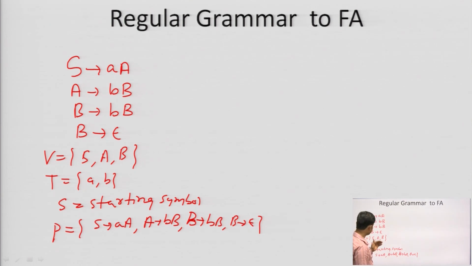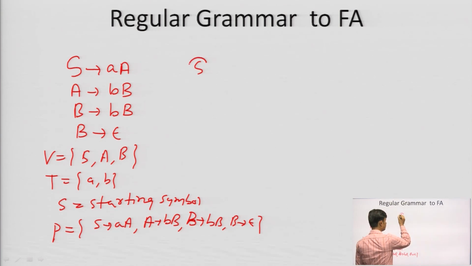What are the rules I discussed in the previous slide? If there is a production S to aA, there is a transition from S to A on input a.